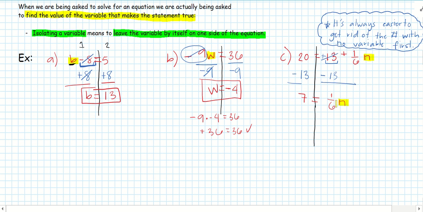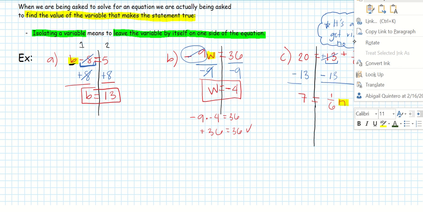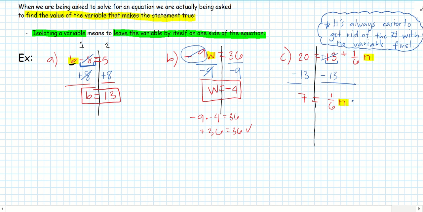And remember, this 1 over 6 is multiplying by n, right? Now, there's an easier way of getting rid of fractions that are multiplying by a variable, and that's by multiplying by the reciprocal of that fraction. So if I have 1 over 6 times n, then I can get rid of 1 over 6 by multiplying times 6 over 1.